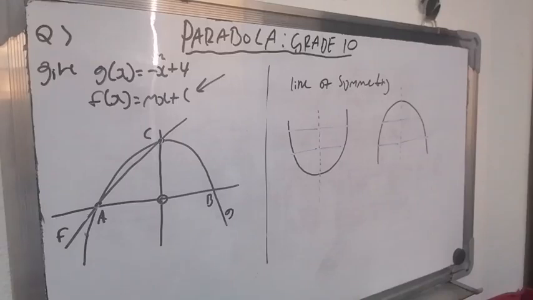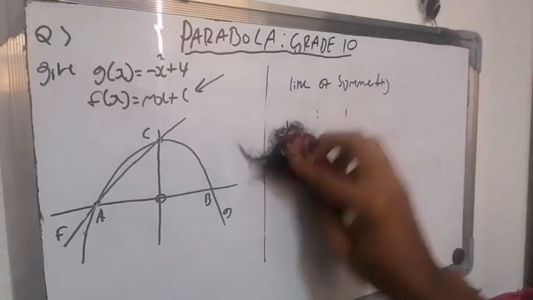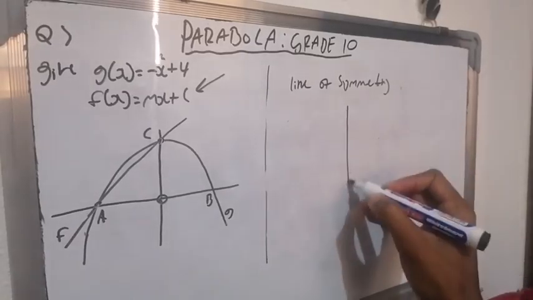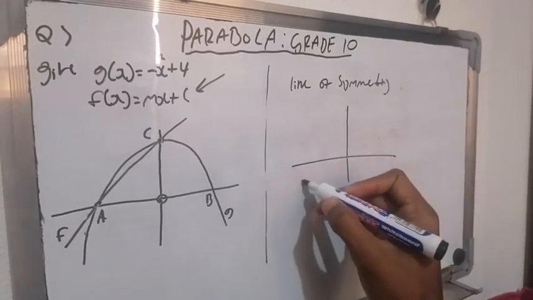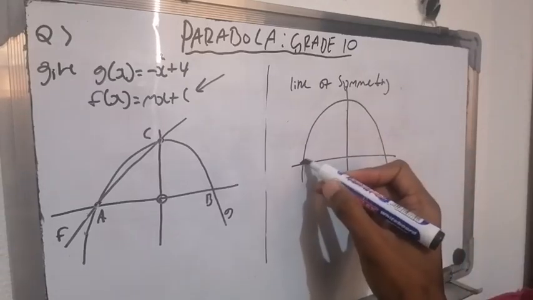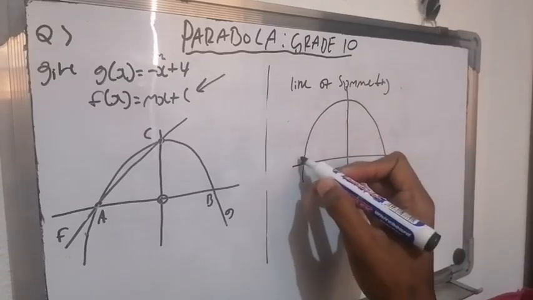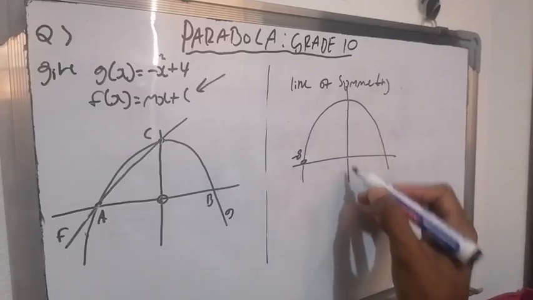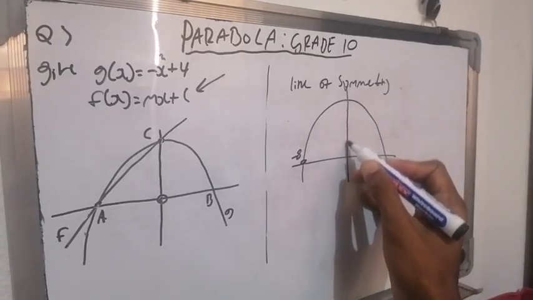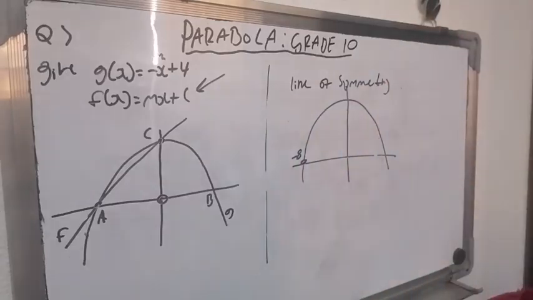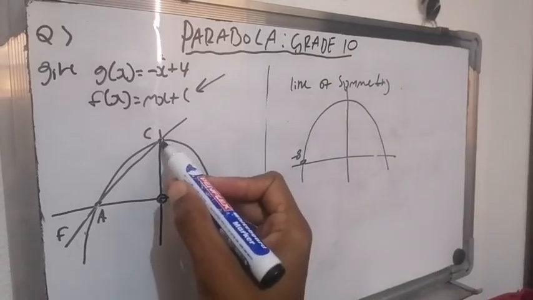So what I'm trying to say, guys, is if you have a graph like the one we have now, just as an example, and we find that the coordinate of A is -8 here, remember, in grade 10, the y-intercept is the line that cuts this graph in half.